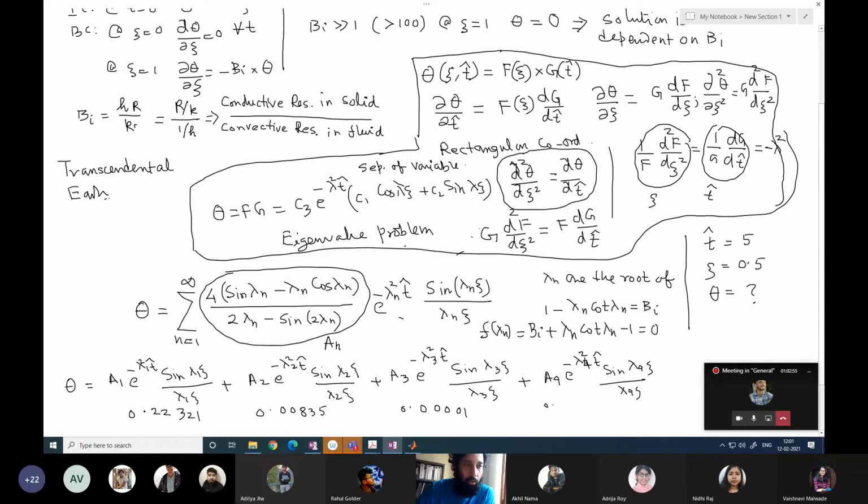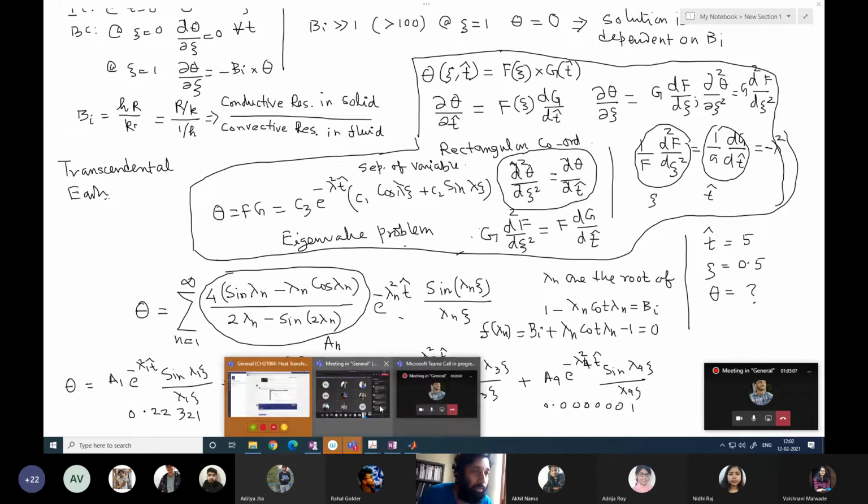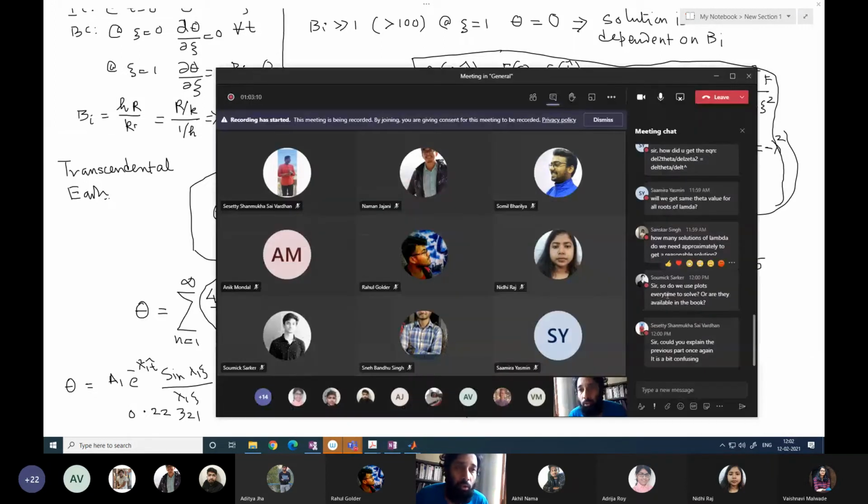This term will add 0.0000001. So you understand how quickly it converges. Let me see if this answers most of the questions. How many solutions of lambda do you need to approximate a reasonable solution? 4.